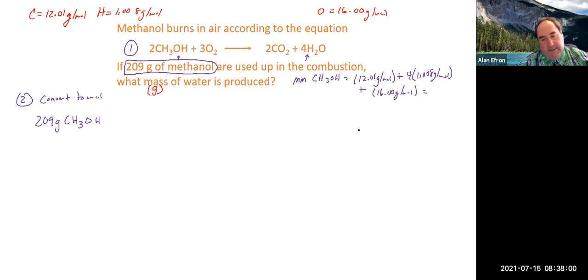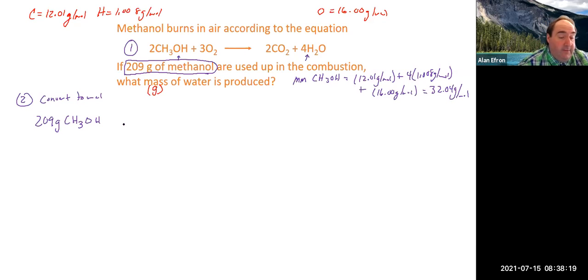If we add all those together, we end up with about 32.04 grams per mole, which is our conversion factor from the periodic table to convert from grams to moles.